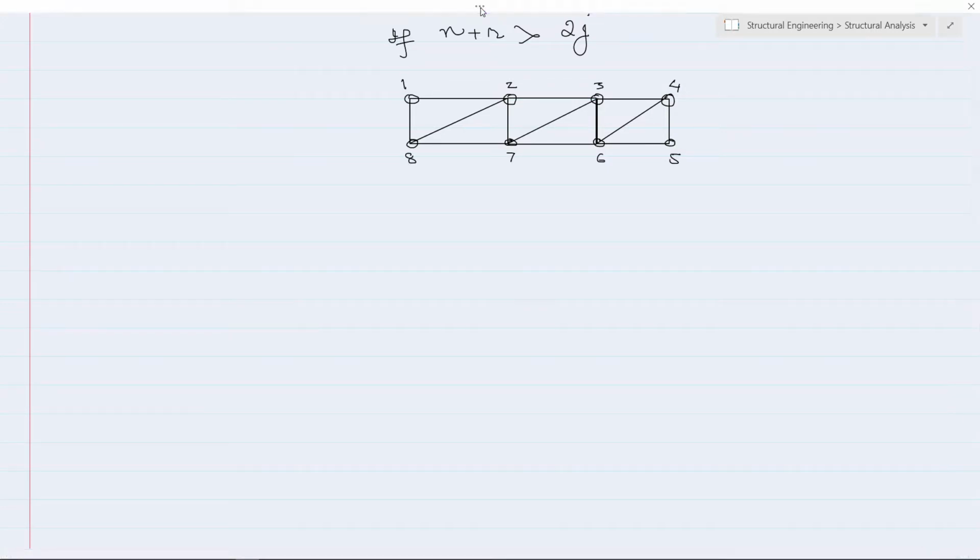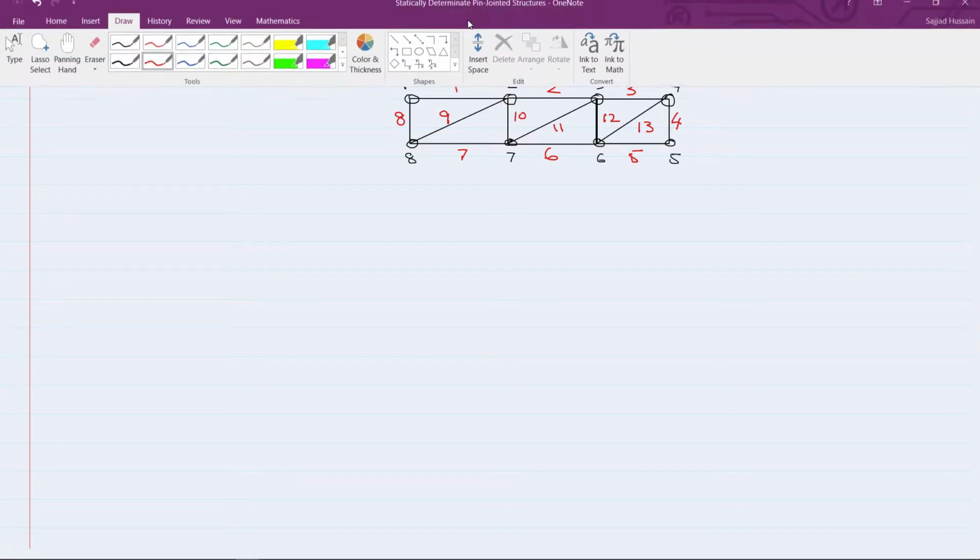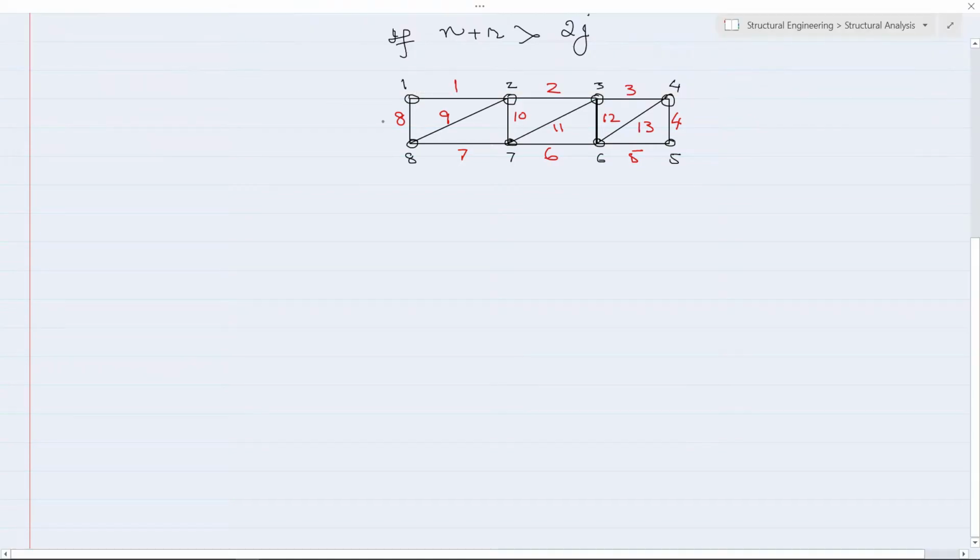And how many members are we talking about? 1, 2, 3, 4, 5, 6, 7, 8, 9, 10, 11, 12, 13. Now suppose the support condition is such that here it is a pin connection and here also it's a pin connection.